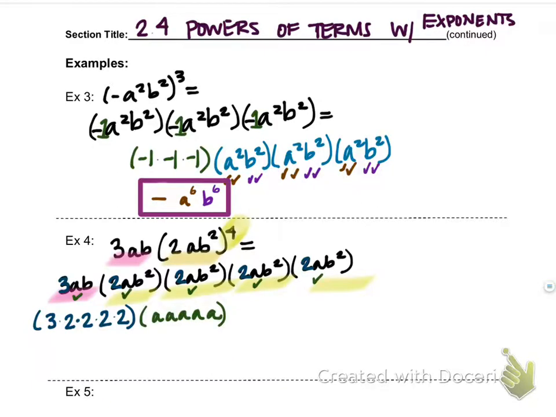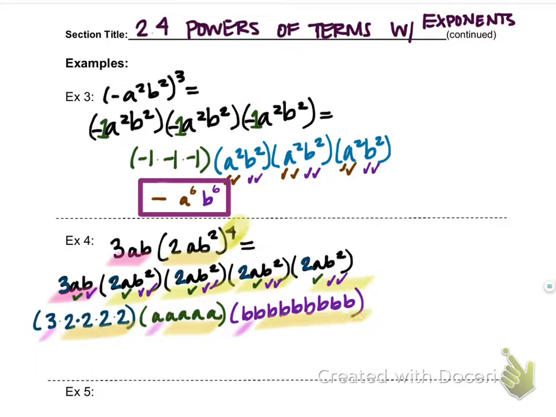So when I take a look at this, I have 5 different a's that are being multiplied together. Now none of these a's has an exponent, so I just write 5 a's out. And then the b's, I'm going to identify in another checkmark method.